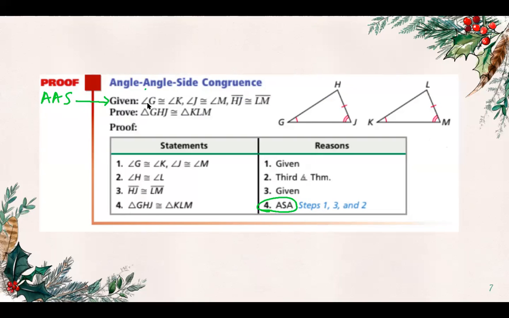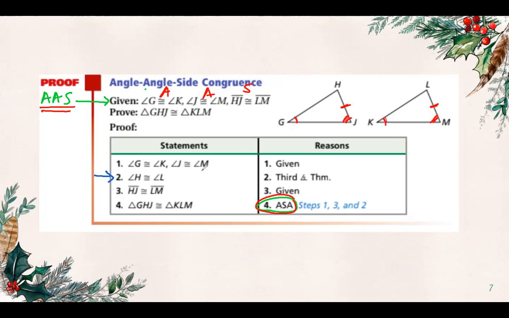Our givens are two congruent angles, angle G and K and angle J and M. We have our two angles, and we're given the non-included sides. So we're given AAS. Hopefully you can see that: two angles, non-included side, two angles, non-included side. We are given AAS, and we're going to prove ASA, that we can actually use ASA instead.